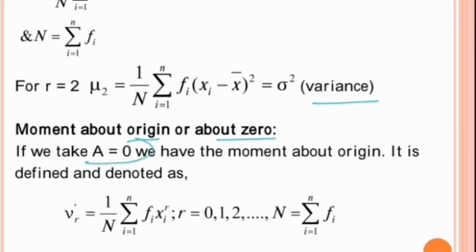So we are replacing a by 0, and it is defined and denoted by v r dash, which is equal to 1 upon capital N summation fi into xi raised to r. Here we are replacing x bar by 0, so the term left over will be fi into xi raised to r, where capital N is the sum of fi's.